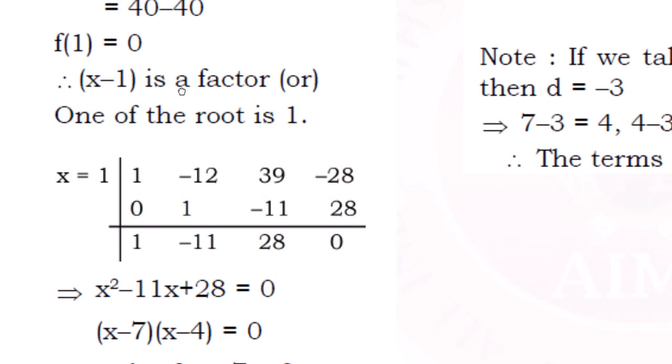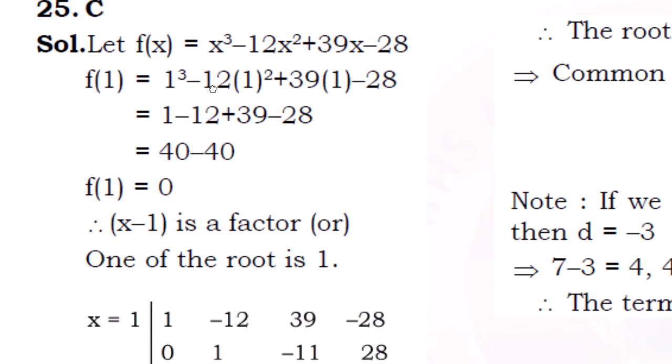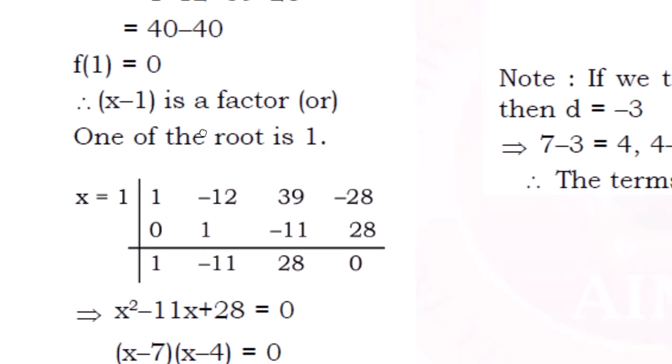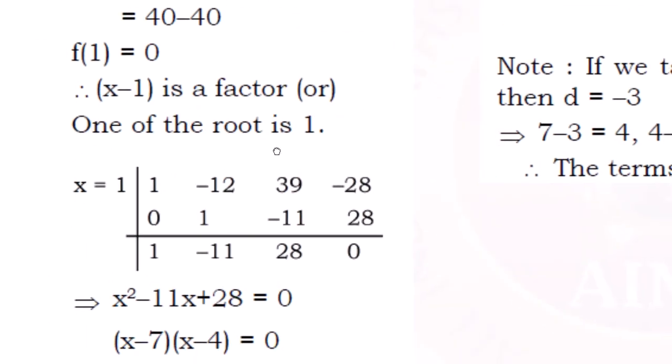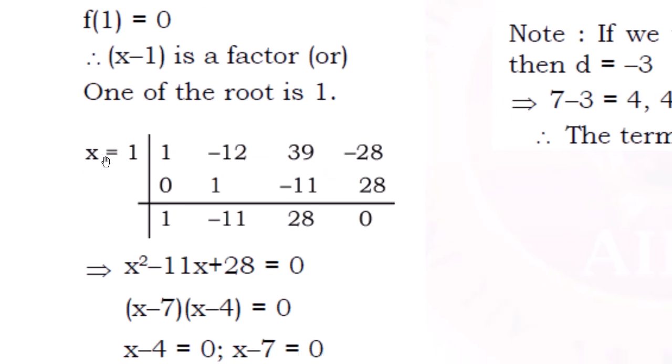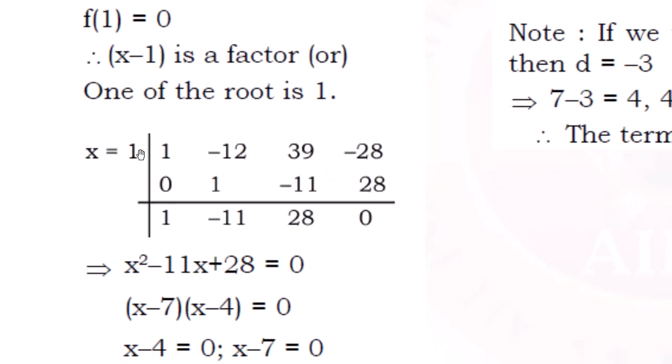Let's divide the coefficients of the given cubic polynomial with x equal to 1. The coefficients are x cube means 1, minus 12, 39, minus 28. Let's divide with x equal to 1.